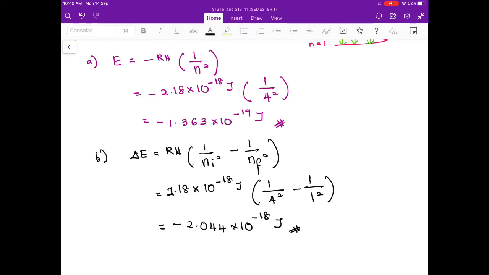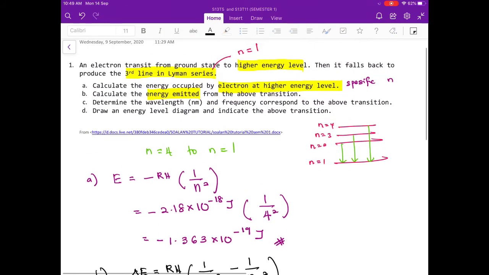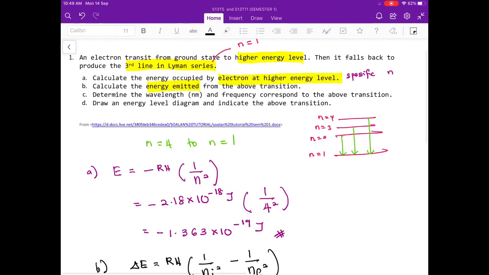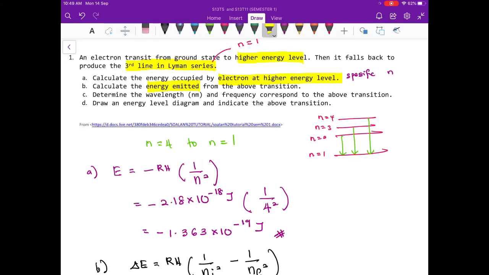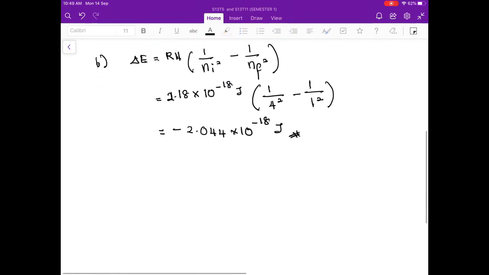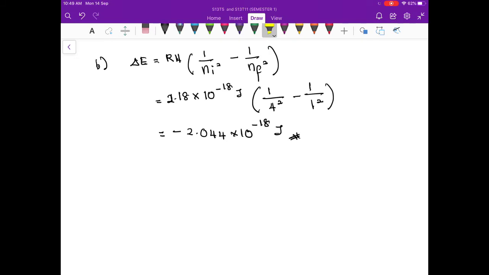Okay, and then C, determine the wavelength and the frequency corresponding to the above transition. Do you still remember that we have a formula that involves energy, and we can determine the wavelength and the frequency? Delta E is equal to h times frequency.